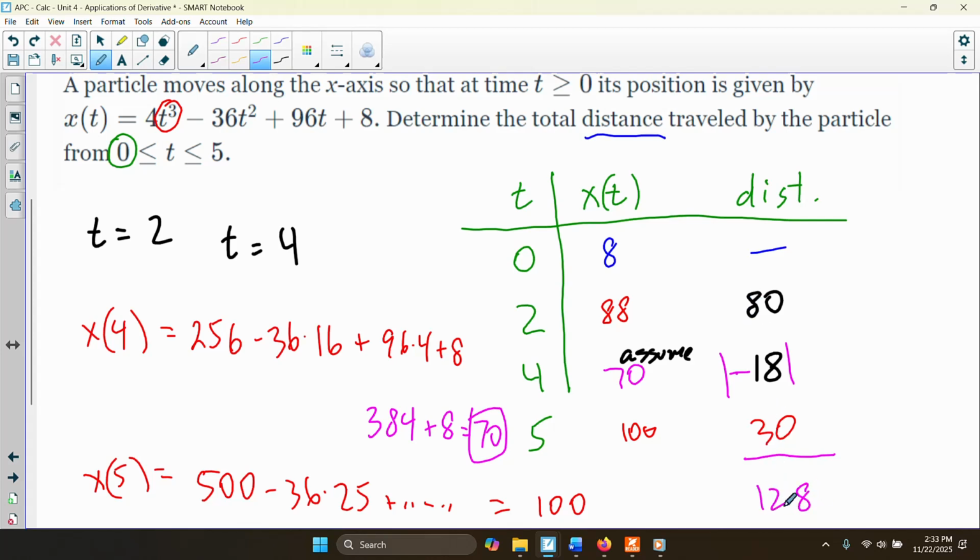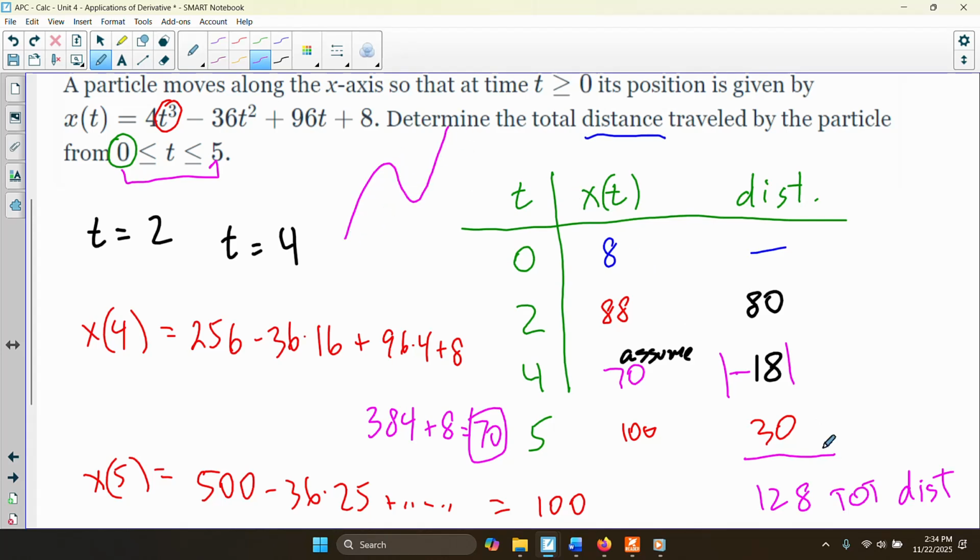128. And notice it's a positive 128. This is what the elevator went through, how many floors in total. This is the total distance between 0 and 5, because in between, it went up, went down, went up.